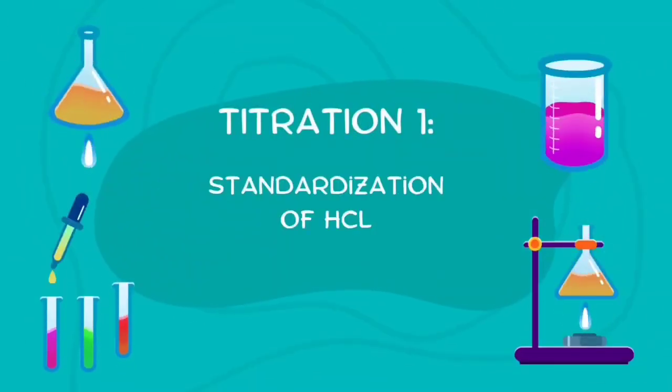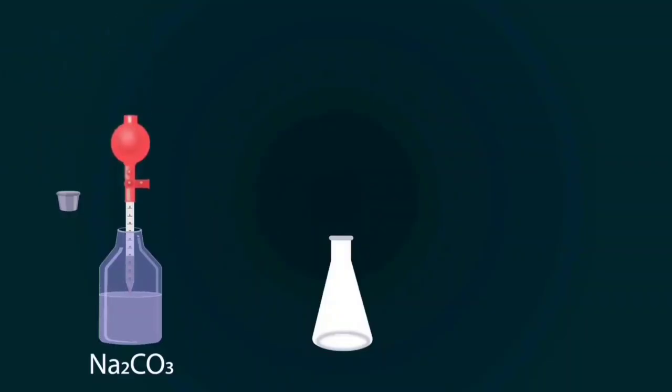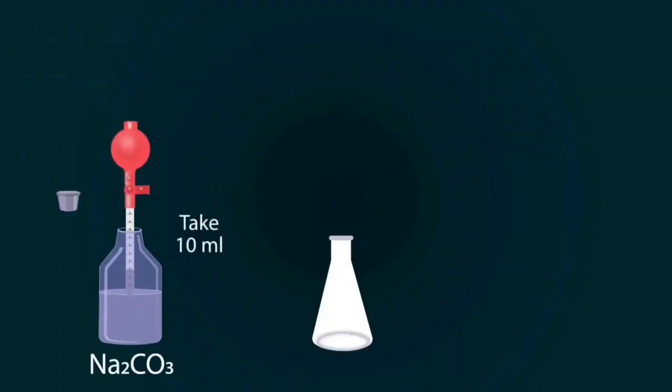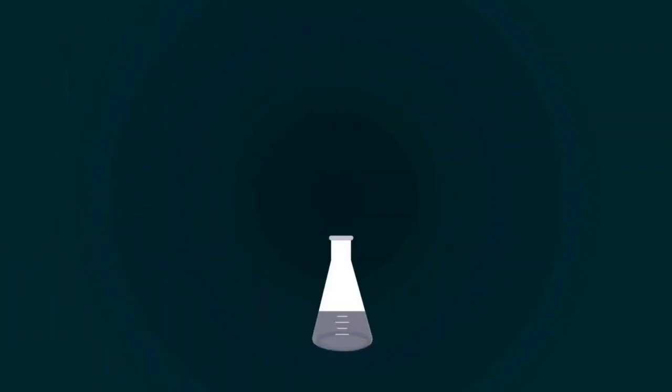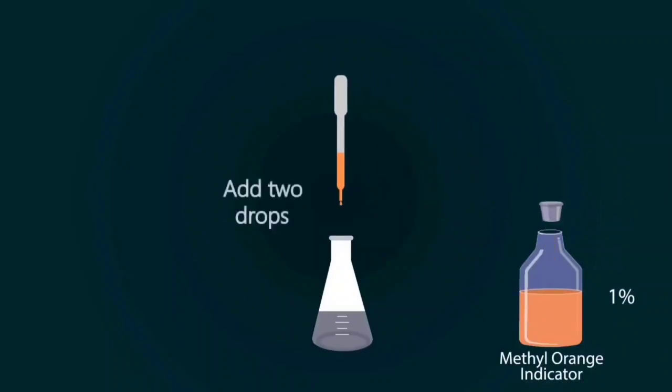Titration 1. Standardization of HCl. Pipette out 20 ml of standard sodium carbonate solution in a 250 ml clean conical flask. You can repeat this twice if you have a 10 ml pipette. Add 2-3 drops of methyl orange indicator. The solution will turn yellow in color.